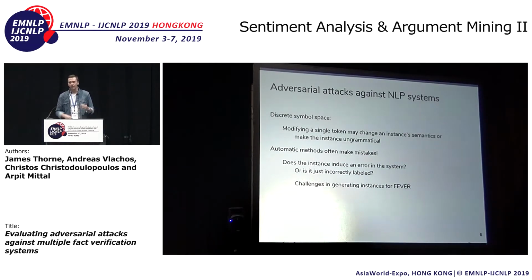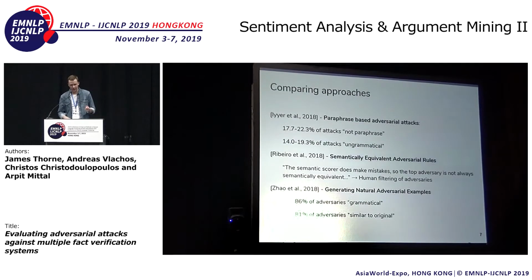And firstly, and secondly, there's also limitations in the adversarial methods, and the authors of several recent state-of-the-art methods have each revealed that the instances generated by the automated methods of generating the adversarial attacks are not always grammatically correct and may not semantically follow from the instances that they were generated from.